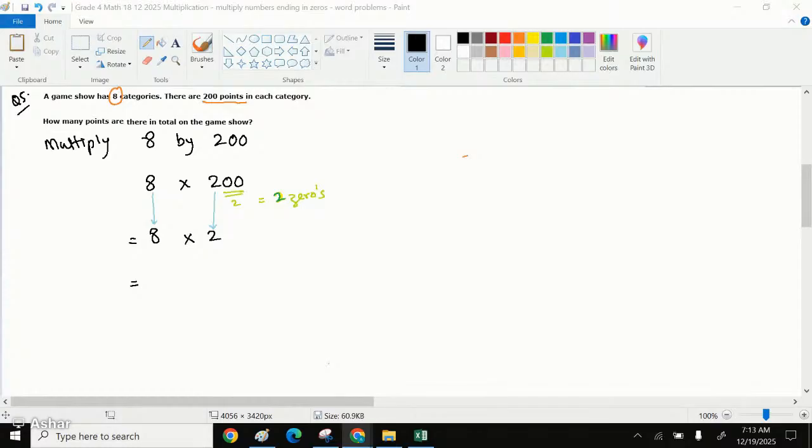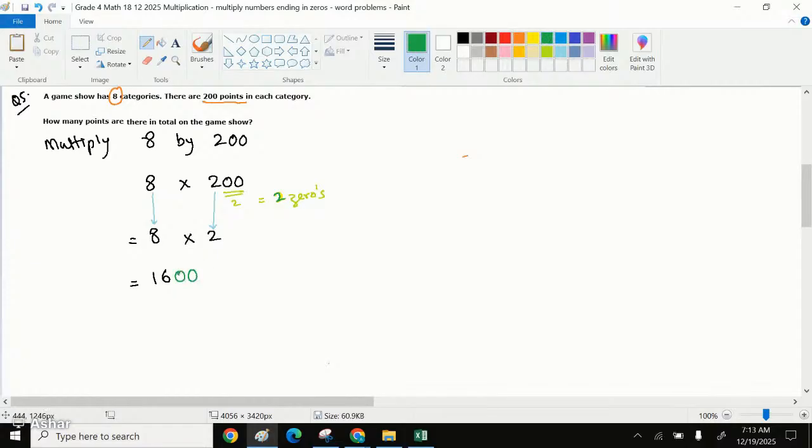We are just revising and going through this. Step by step the questions will get difficult, so we are moving stepwise. 16, and we put 2 zeros, giving 1600.